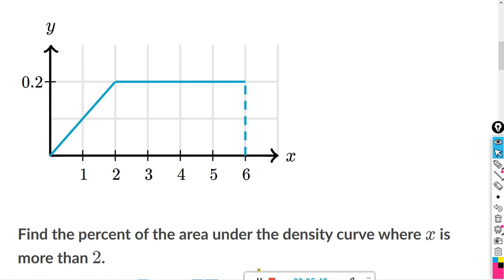All right, find the percent of the area under the density curve where x is more than 2. Again, we have a trapezoid. If we go to 2, that's right here. More than 2 is this way. So we are looking at this rectangle here.